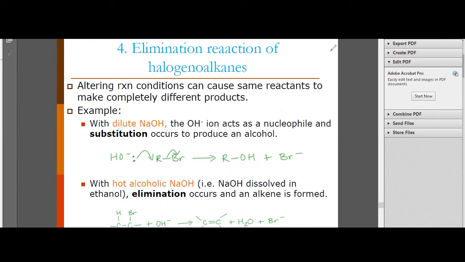Once again, in alcoholic NaOH, or NaOH dissolved in ethanol, OH minus will act as a base, not as a nucleophile. As a base, OH minus will try to find H at the C adjacent to the CBr. I repeat this several times, so you should remember it, or take notes if you cannot remember.